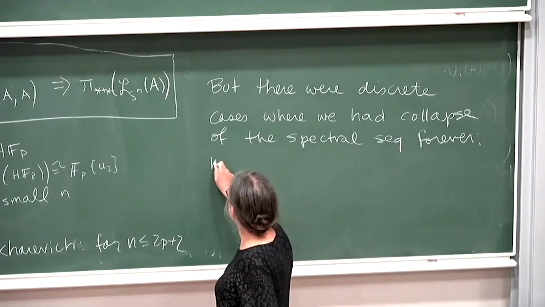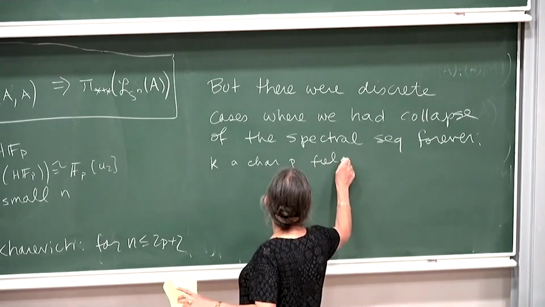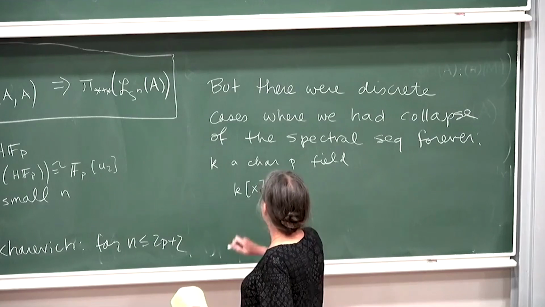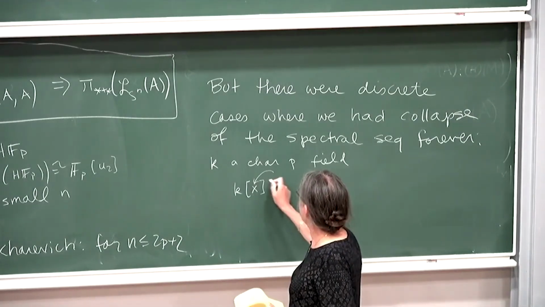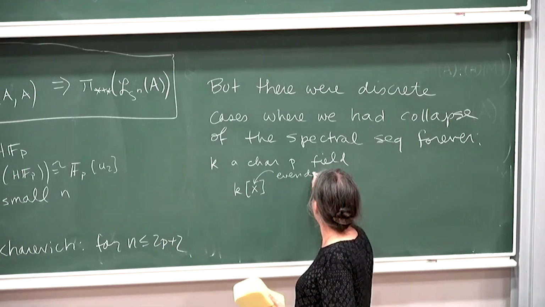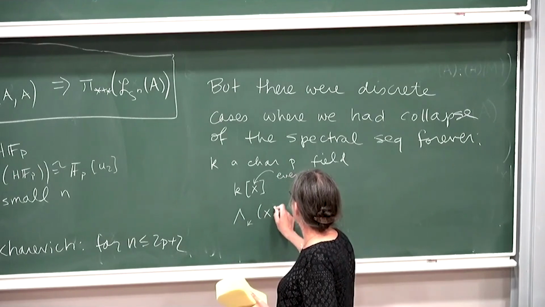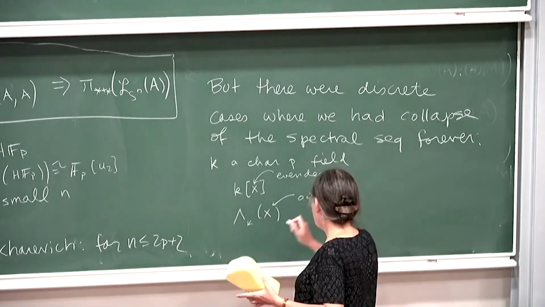So K, a characteristic p field. So you could look at K[x], and I'm allowing now to have graded rings. So this can have even degree. And I can take the exterior algebra over K of x, and it had odd degree.